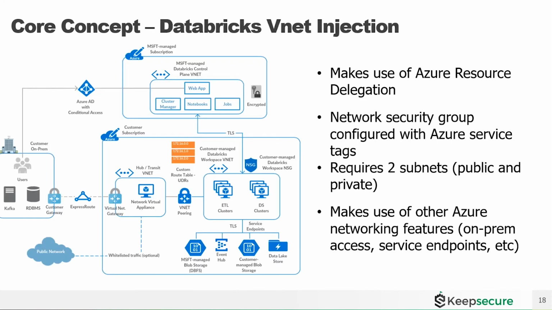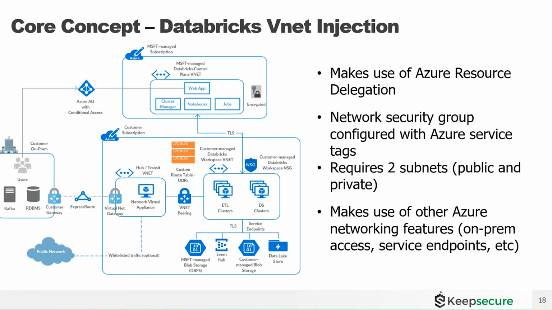So we're just touching a little bit on Databricks VNet injection. If you remember from the earlier architecture slide, the control plane obviously still lives out in somebody else's subscription, but the cluster plane, or the data plane in this case, was living in a Microsoft managed Databricks workspace VNet.